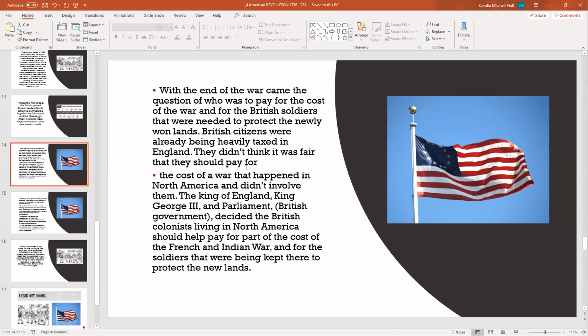The French can strike at any time. And because of that, they need to pay for it, because the British soldiers there are protecting the British colonies and not Britain.